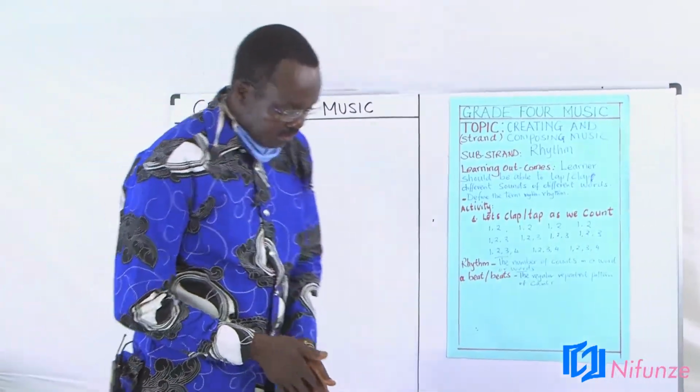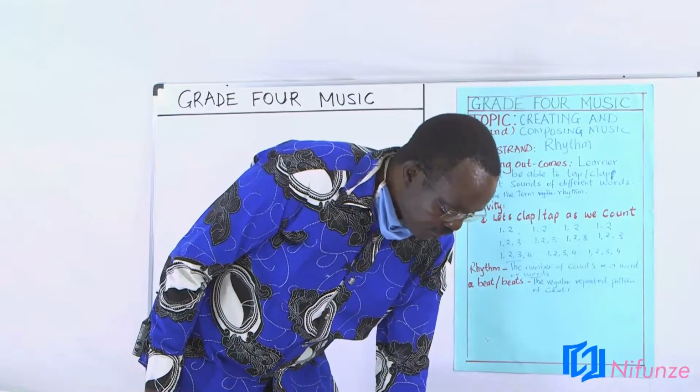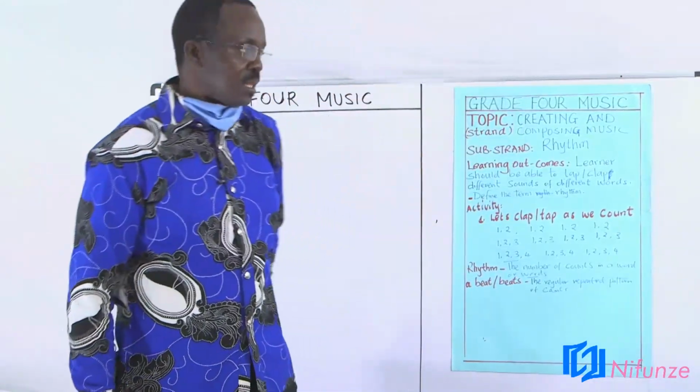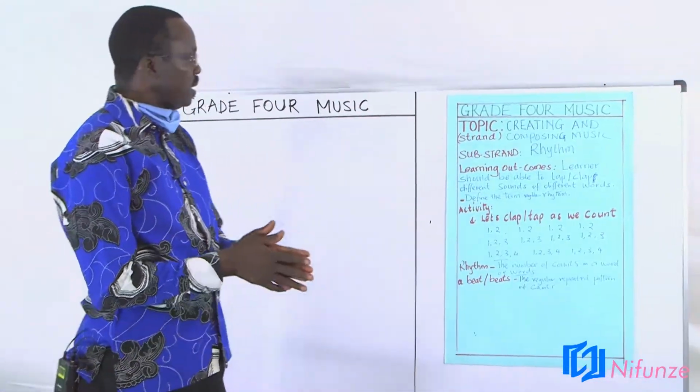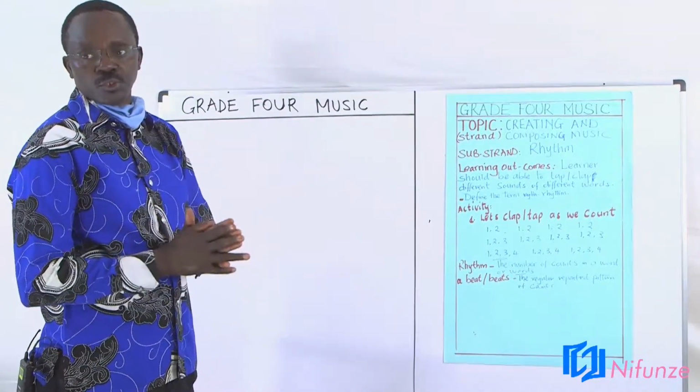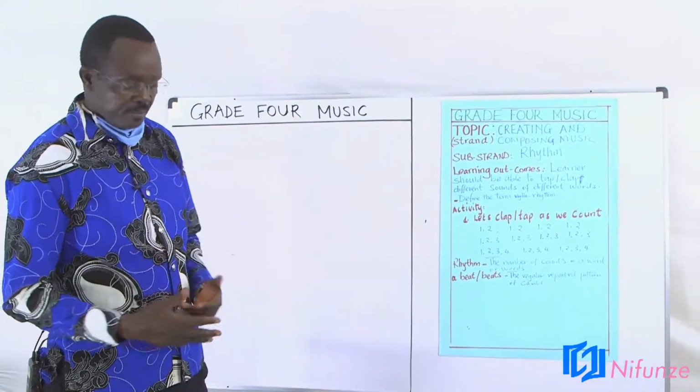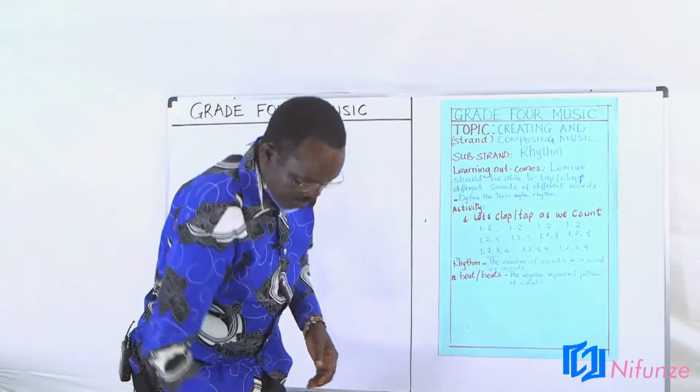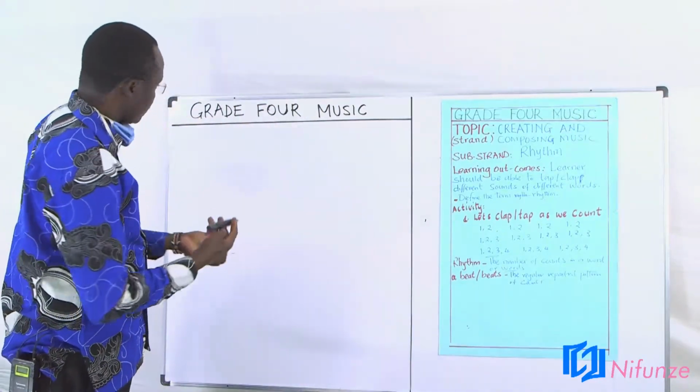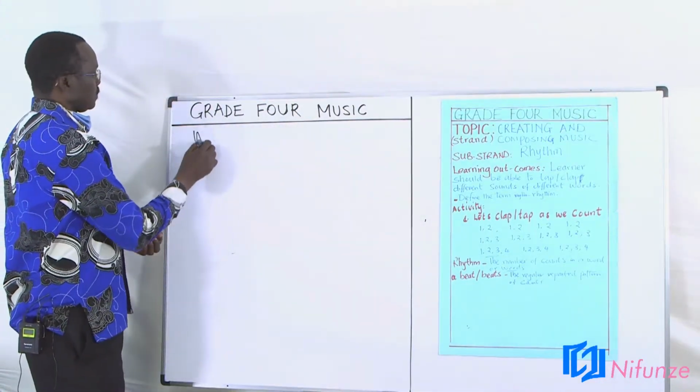I want us to do an activity or know different ways of making a rhythm. How can we create, or how can we compose, or how can we make a rhythm?